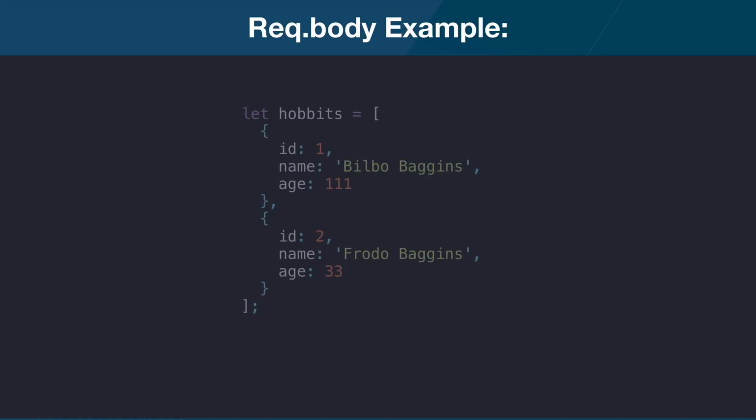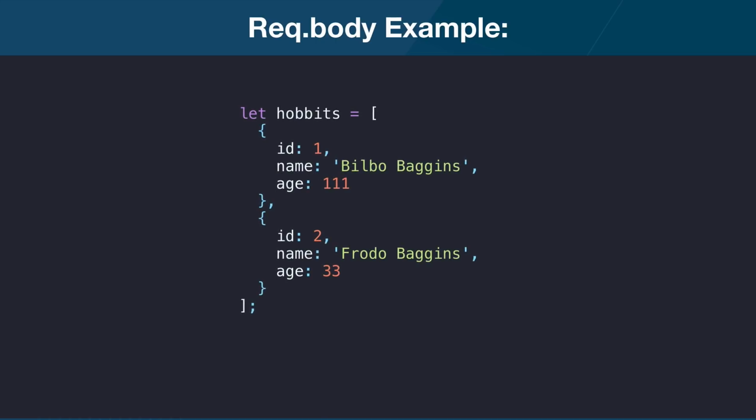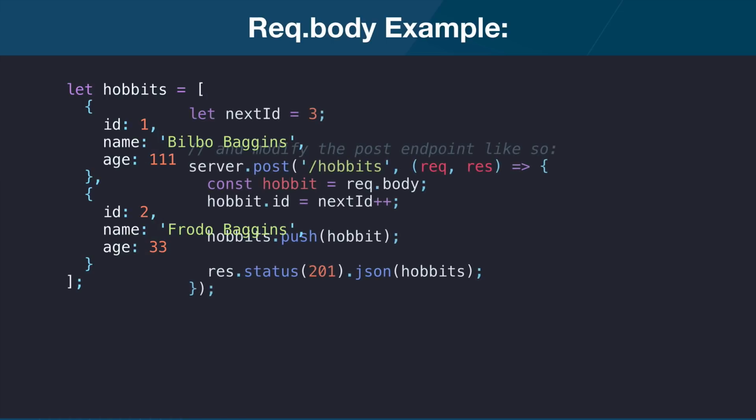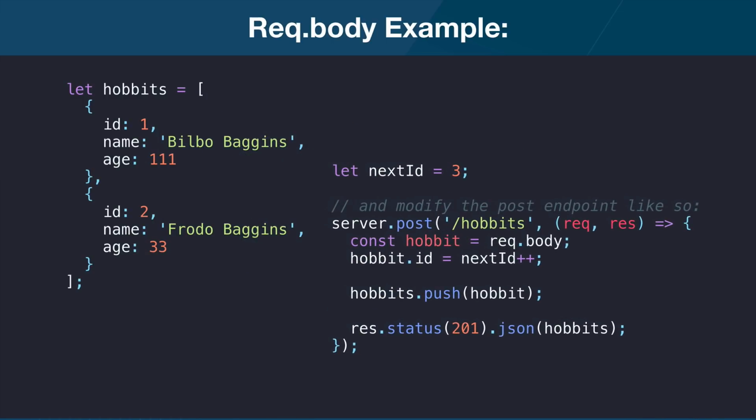So let's take our awesome little hobbits database here, and let's see what happens when we want to create a user in that database. The next ID here would be 3. So the next time that this server is called, we would increment that, right? But take a look at our server.post. Okay, so we're posting to /hobbits.